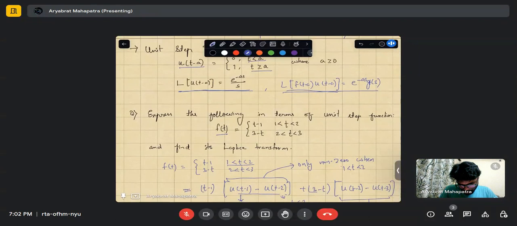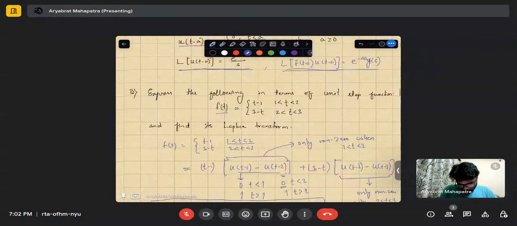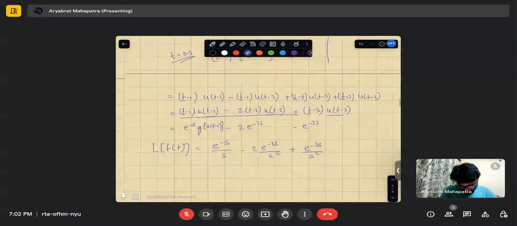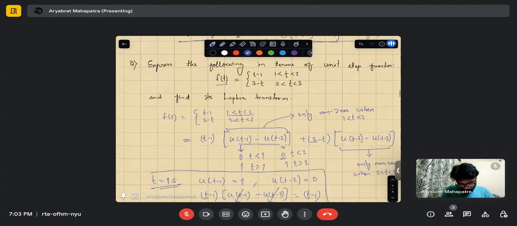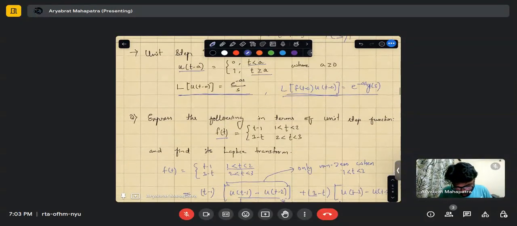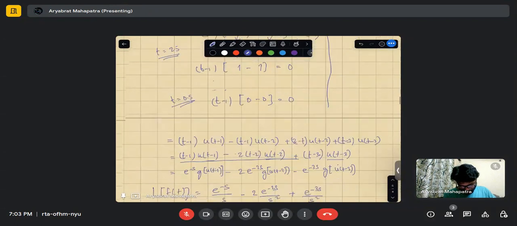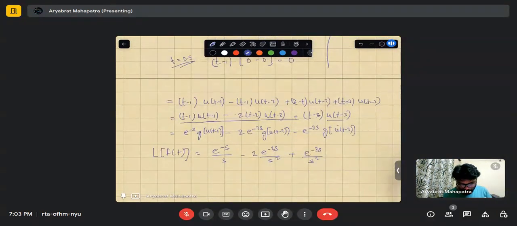So, Laplace transform of t minus a, t minus a is basically, yeah, this is Laplace transform of g of t minus 2, g of u of t minus 3. So then your g of u of t minus a, you can calculate from this right here. That is exponential of minus s by s.